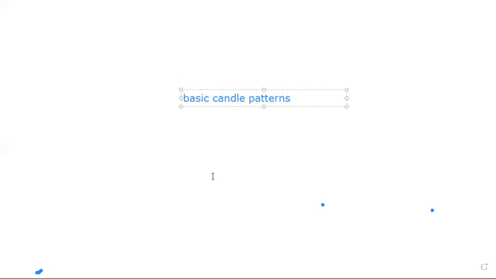So how many prices did I mention? 5, exactly. Just one candlestick, and I can tell 5 pieces of information from just looking at one candlestick. That's how powerful candlestick patterns are in the market.